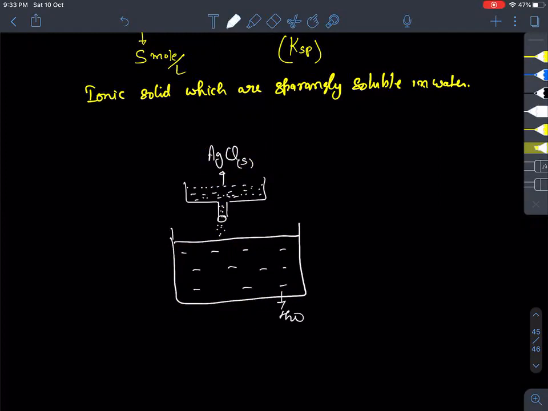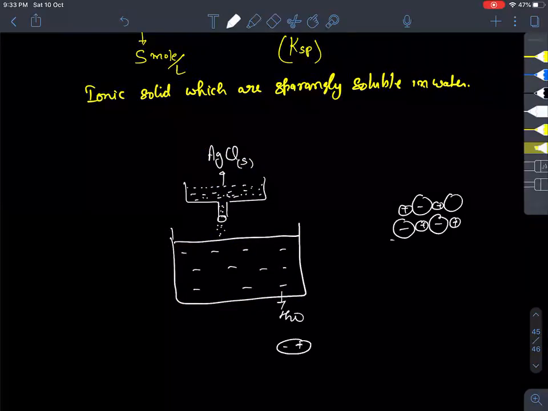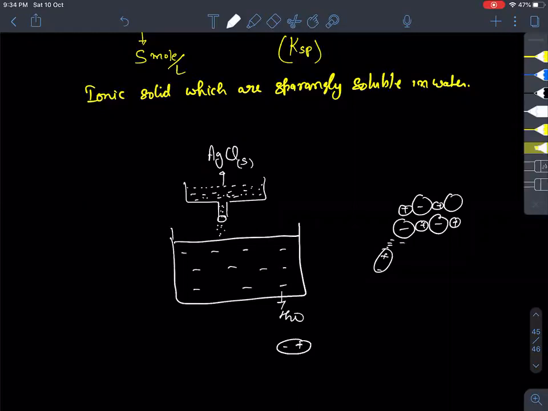Very simple: the ionic structure has plus and minus, plus and minus, and minus and plus, and like that. And water is a polar molecule which you can write as a dipole, plus and minus. So this end will be attracted by positive, this by negative, and this positive end will be attracted by minus and plus.